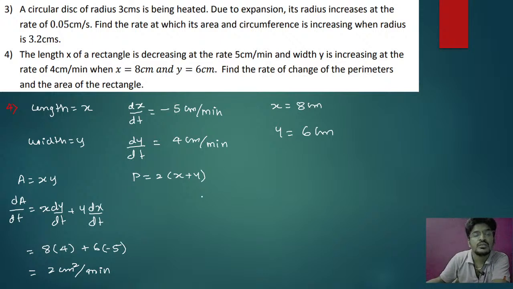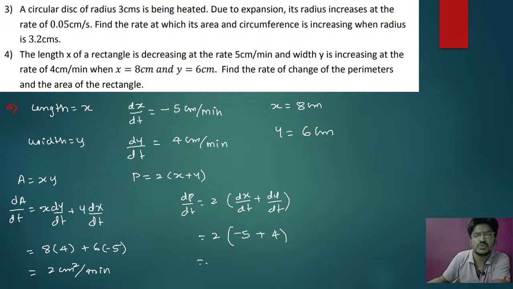Clear? And perimeter dp by dt equal to 2 times of dx by dt plus dy by dt. That will be equal to 2 times of dx by dt is minus 5, dy by dt is 4. So minus 5 plus 4 is minus 1, and this will be minus 2 centimeter per minute.